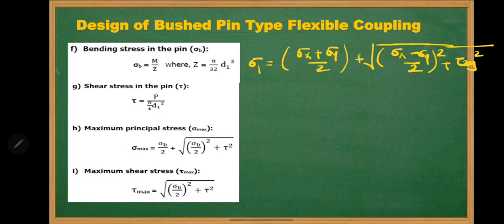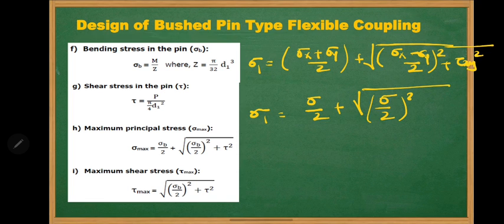So compare this equation with the uniaxial stress system. The equation becomes sigma 1 equals sigma by 2 plus under root of (sigma by 2) whole square plus tau square. Here sigma is our bending stress, sigma b, and tau is our maximum shear stress, tau max.